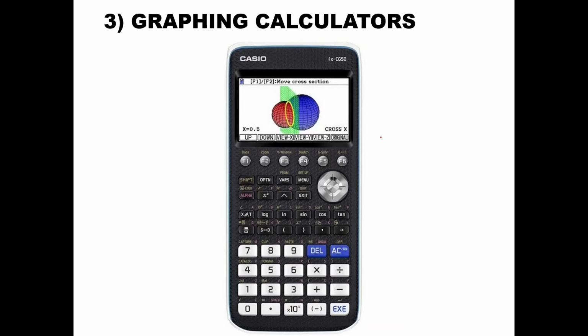Then third, we can go to see the graphing calculator. It is a calculator which is capable of plotting graphs, solving equations, angle measurement, complex numbers, fractions, etc. All that will be done in a graphing calculator, where you can plot a graph of the parameters whatever you're going to store.